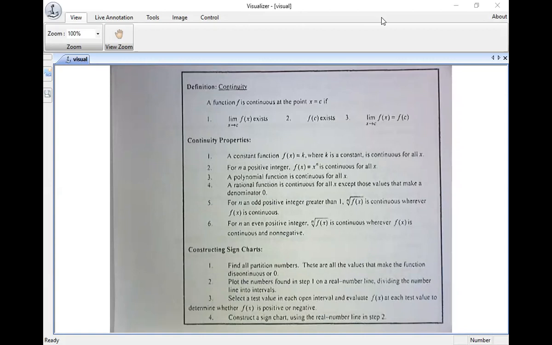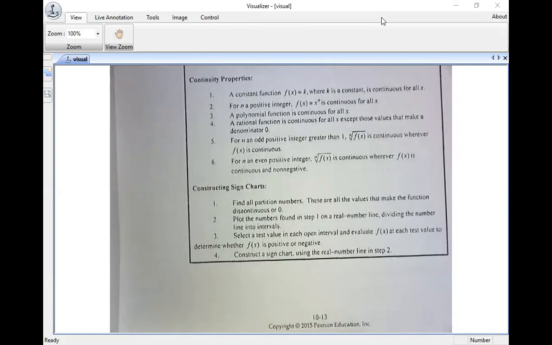Can I put any kind of number underneath a radical if it's a square root and get a real number back? It has to be what kind of number under the radical. It's got to be something that's 0 or greater. So as long as it is non-negative, that would be underneath the radical, 0 or a positive number, it will be continuous for all those values.